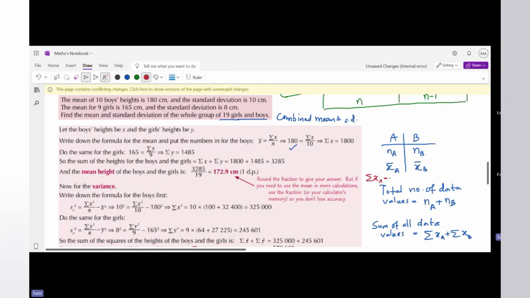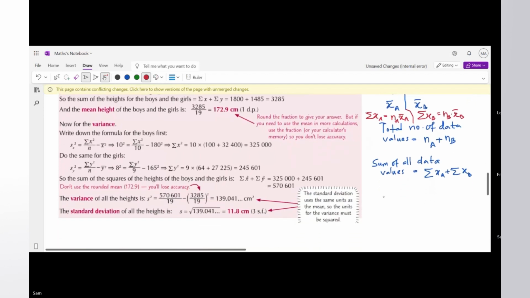Sigma XA is NA times X bar A. And sigma XB is NB times X bar B. So the combined mean, X bar of A plus B, is the sum NA X bar A plus NB X bar B, over the number of data values, NA plus NB. So that's what they have done here.